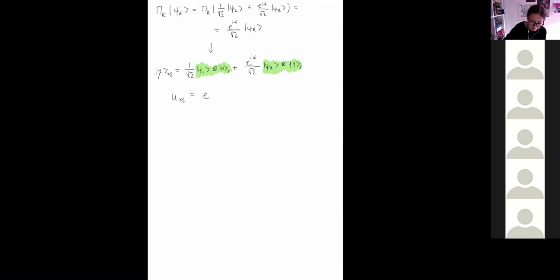So we just need to find the Hamiltonian H_XS and time tau, let's call it, so that the evolution under this Hamiltonian for the time tau would correspond to the unitary evolution U_XS.